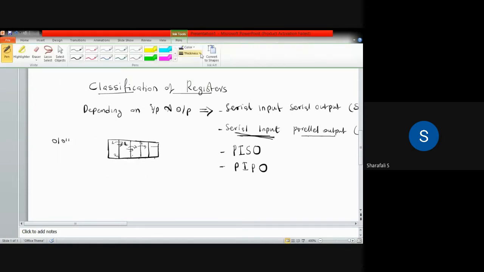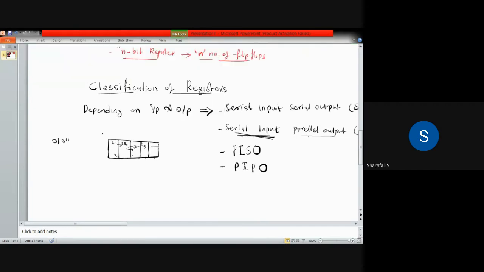So parallel input means you are providing input parallelly. That I cannot show here, I will just show it like this. You are giving input parallelly to this.